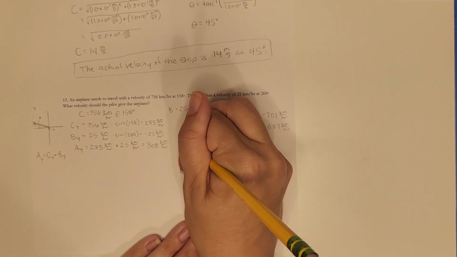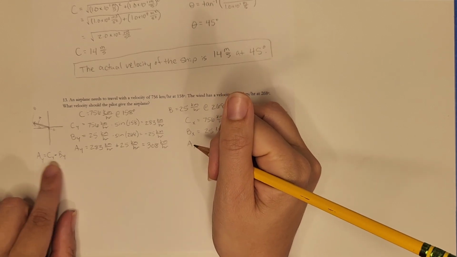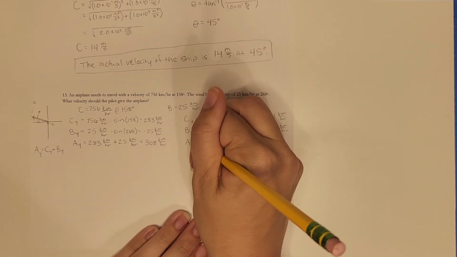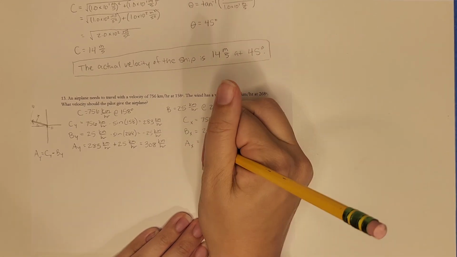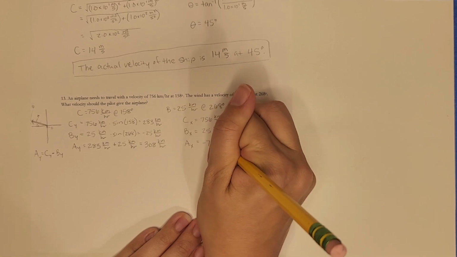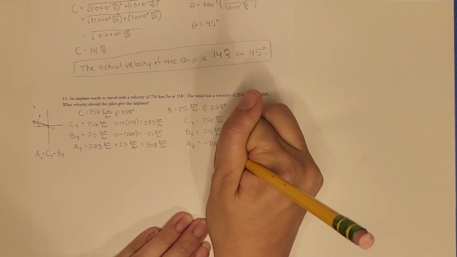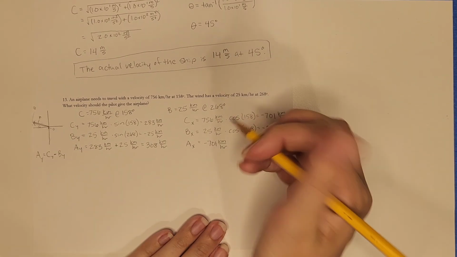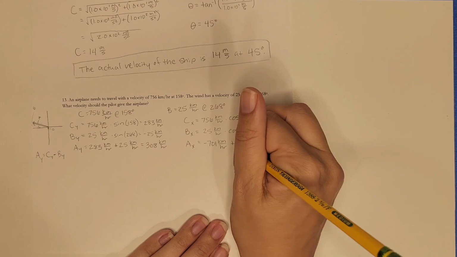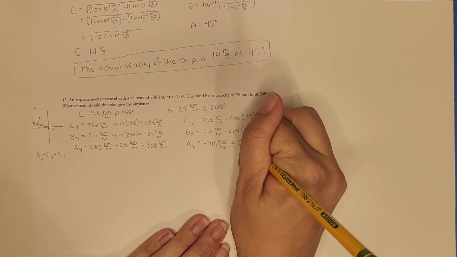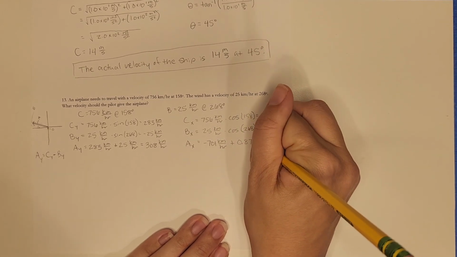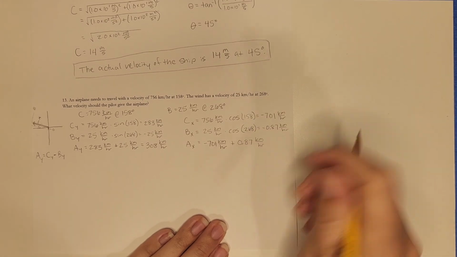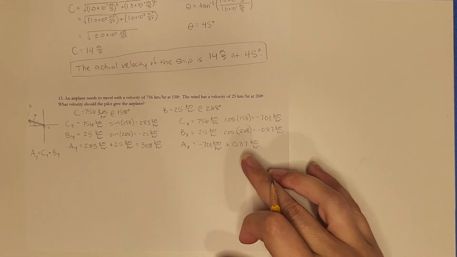Okay, so now our x, I'm going to do the same thing here, just use x values. So negative 701 for our c value. We're subtracting a negative 0.87, so I'm just going to put it adding here, 0.87 kilometers per hour. Now this one, we do run into a significant figures issue.